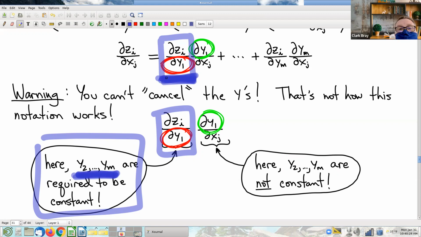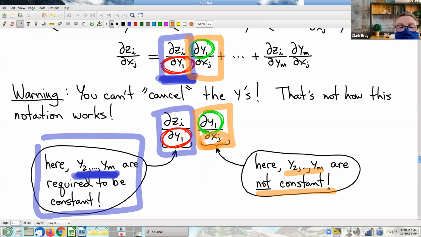Now compare that to what's happening in this other story over here. I'm holding a bunch of x variables constant. I am changing xj. Well, here's the thing. When you change xj, those other y's are not going to be constant. So they're different.